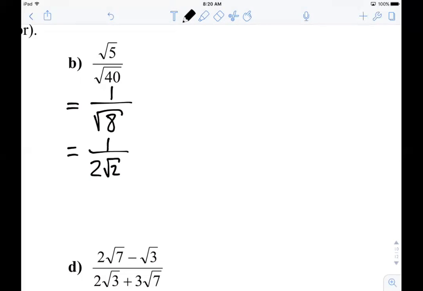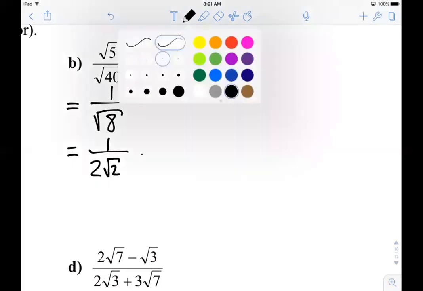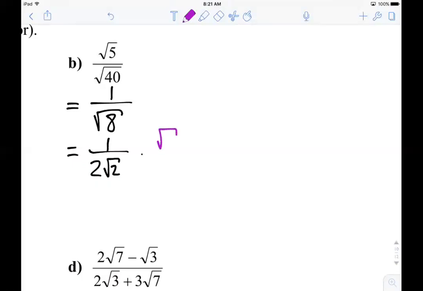So how can I do that? Well, I could multiply both the top and bottom by 2 root 2 if I wanted to, but really it's just the square root of 2 part that I need to deal with. So really, I'm just going to multiply both the top and bottom by the square root of 2. So what does that give me?